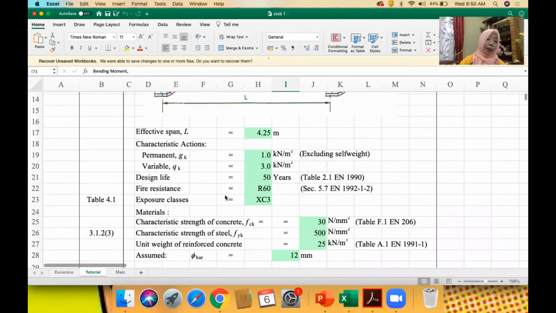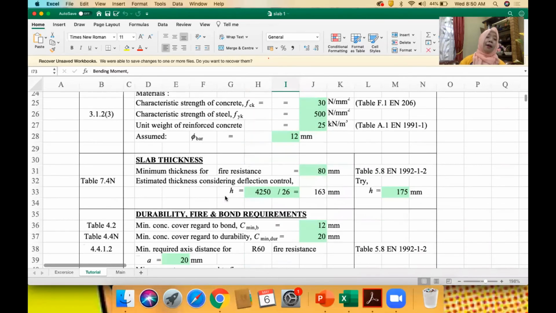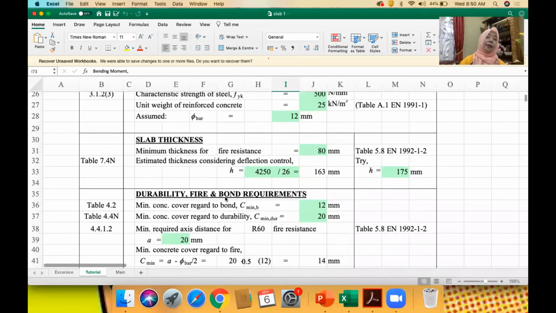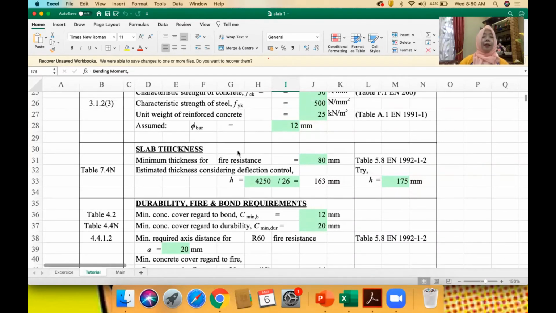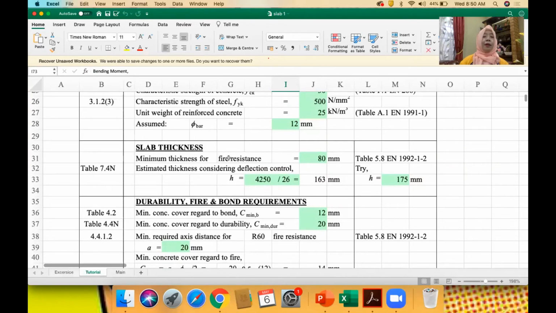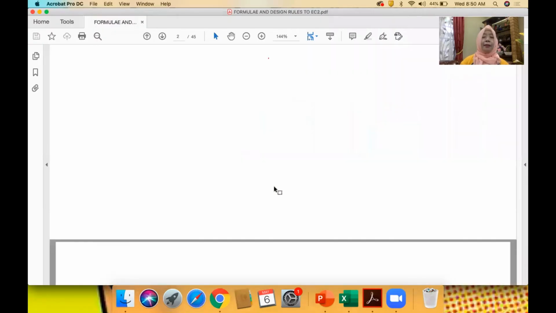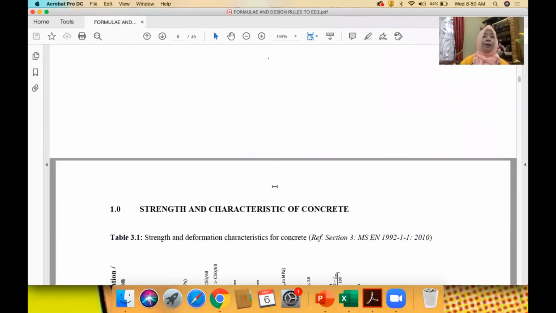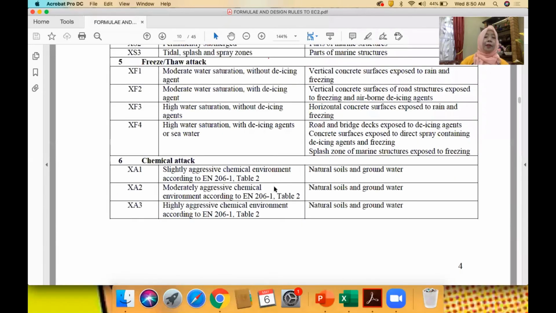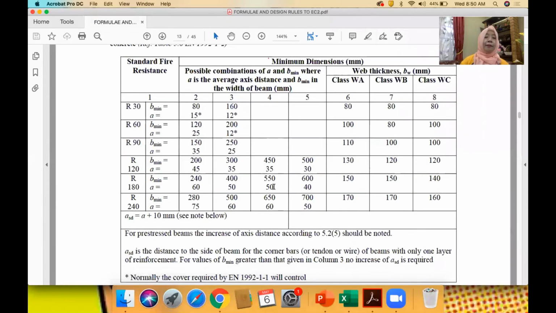You can assume, but we can also calculate the slab thickness. Now, minimum thickness for fire resistance. Remember just now the fire resistance. Look at the formula and design rule.